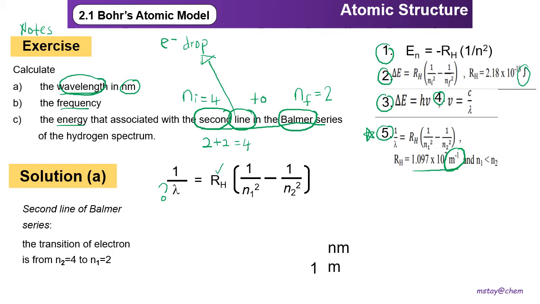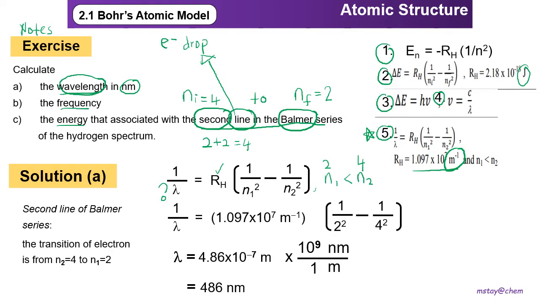Because this is the wavelength, we have to choose the one with the unit per meter. And n1 is always less than n2. In this case, n1 is 2 while n2 is 4. So just substitute the values in and then do the conversion.